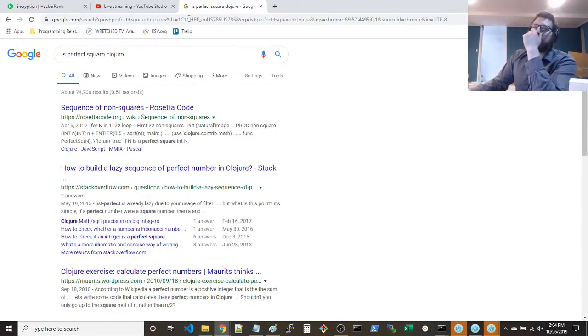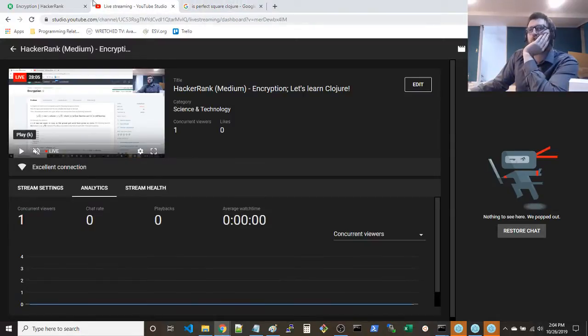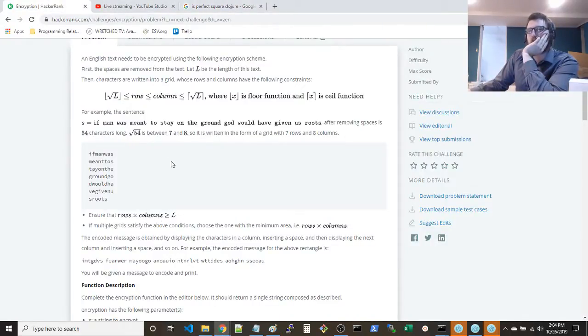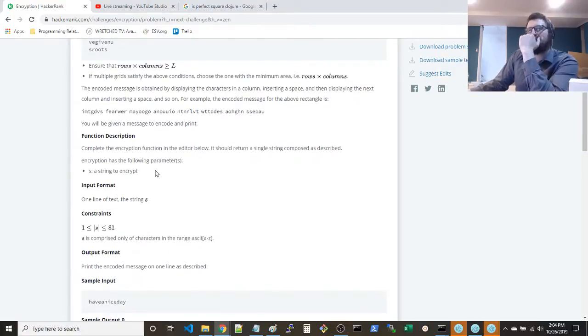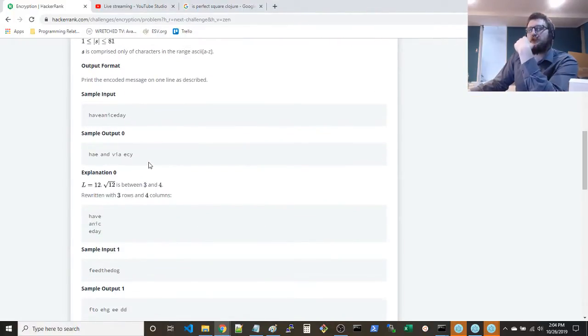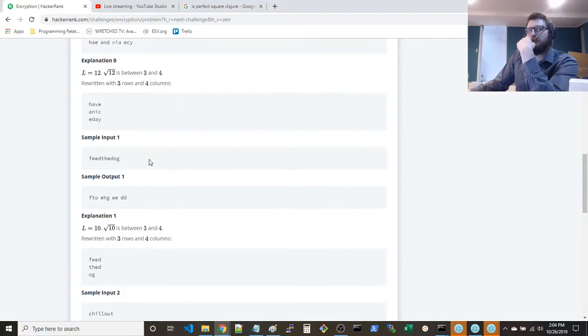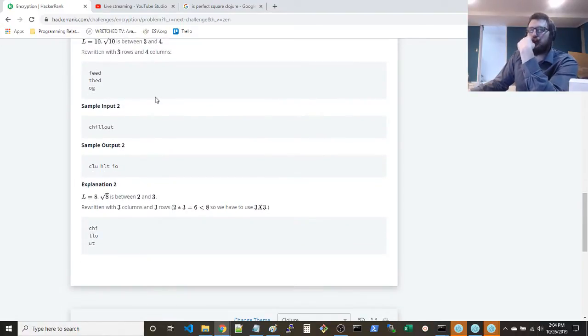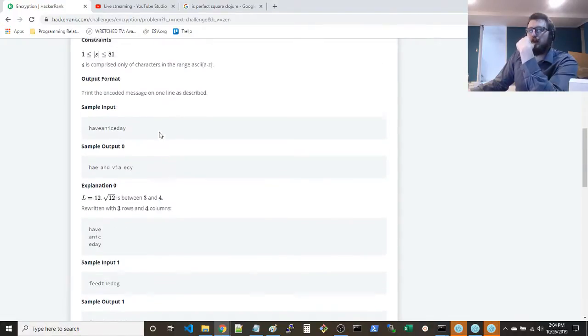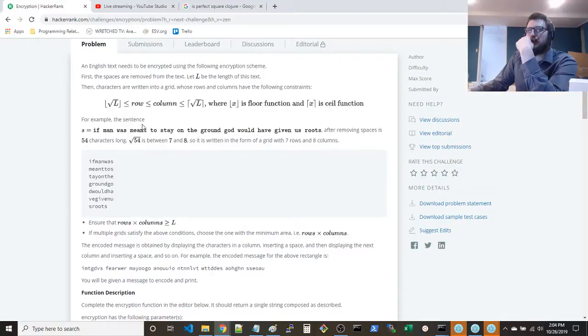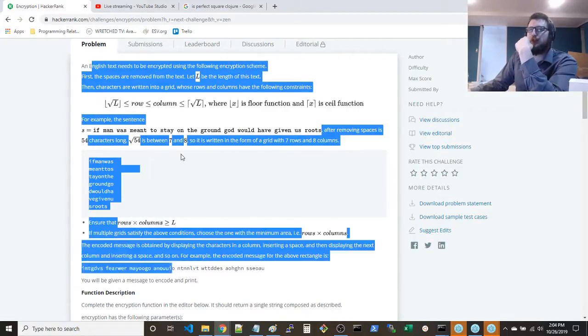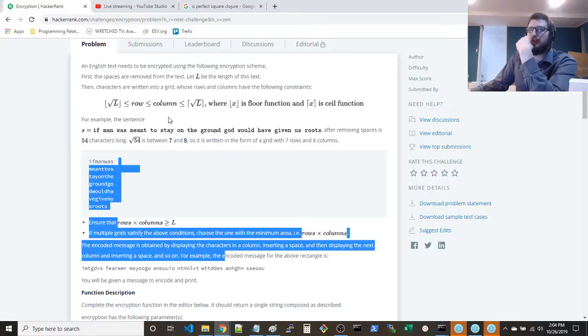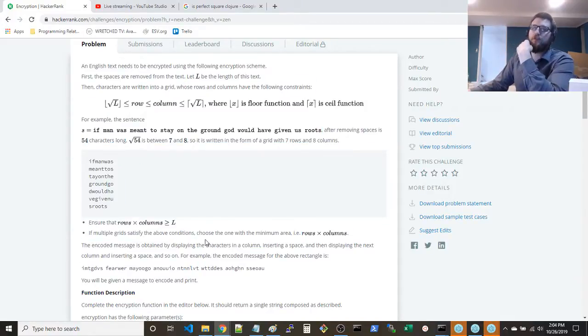I've seen, hold on. There's a couple things here. No, so actually you could tell if it's a perfect square if you take the floor of the square root and then square it and it's equal to the original integer, then that's a perfect square.